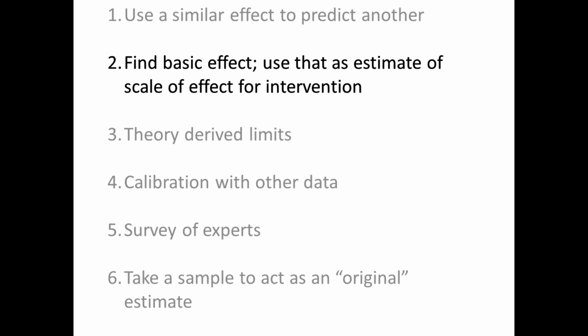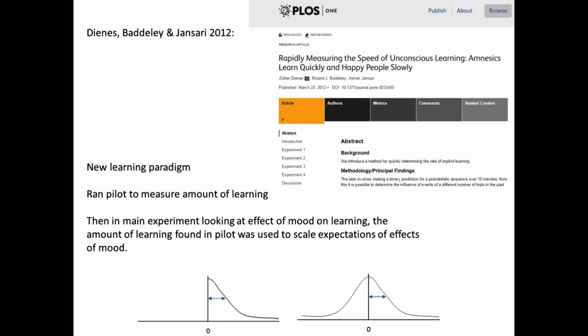So in this paper, we came up with a new learning task, and we didn't know how big the learning effect would be. There was no relevant similar study to say what we could expect.